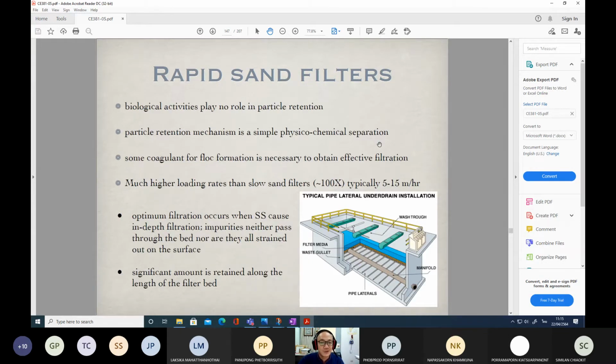Now we move to the rapid sand filters. This is the type that is widely used, as it can process up to 5 to 15 meters per hour. This is the filtration rate.